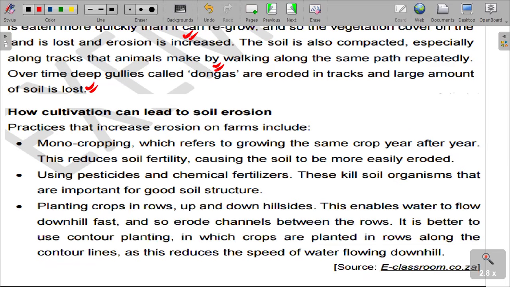How can cultivation lead to soil erosion? Monocropping, which refers to growing the same crop year after year. This reduces soil fertility, causing soil to be more easily eroded. Using pesticides and chemical fertilizers kills soil organisms that are important for soil structure.